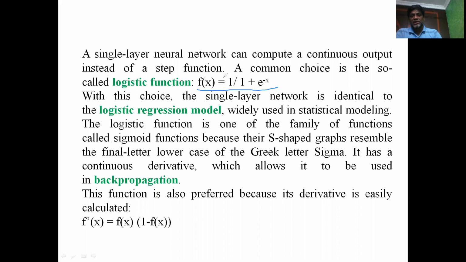By using this logistic function, we calculate the final output of a neuron in feed forward neural networks. Remember this, because it is very easy to apply partial derivatives on this function.